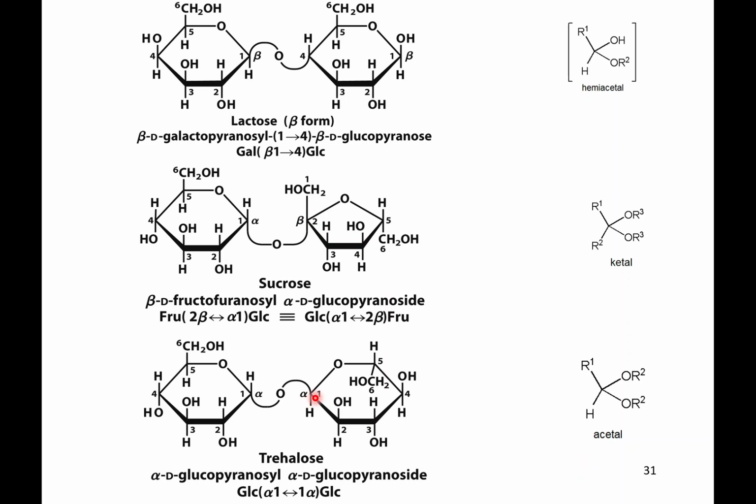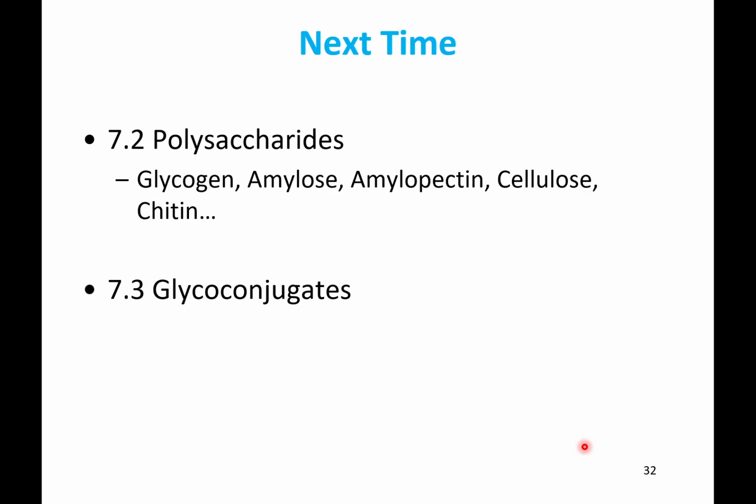And finally, trehalose at carbon 1 of glucose would be OR, OR, R, and H, which is an acetal group. Again, non-reducing.